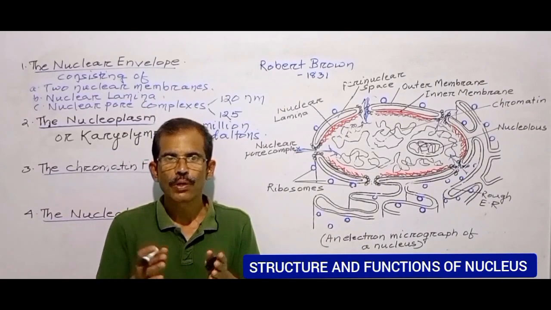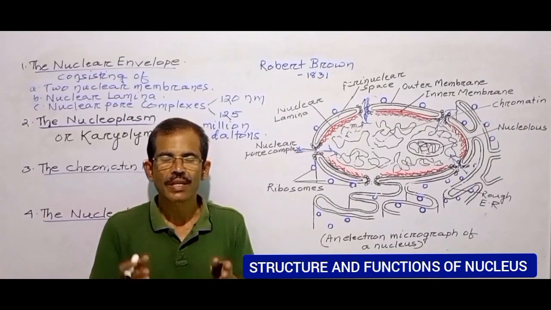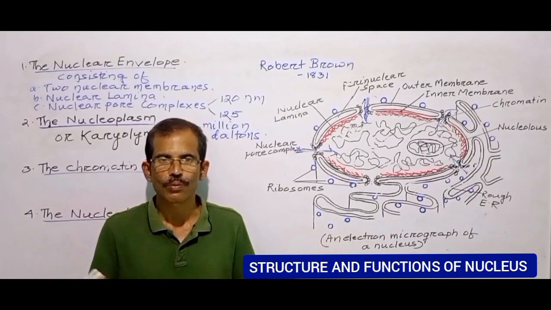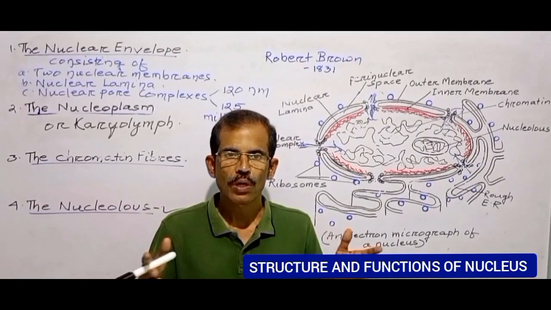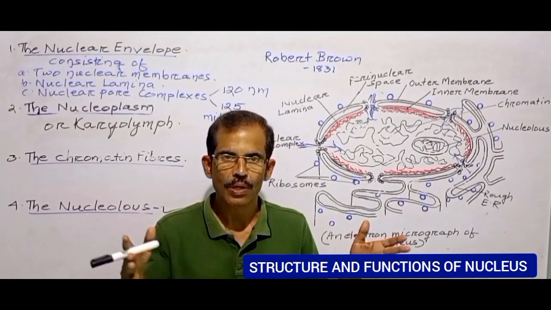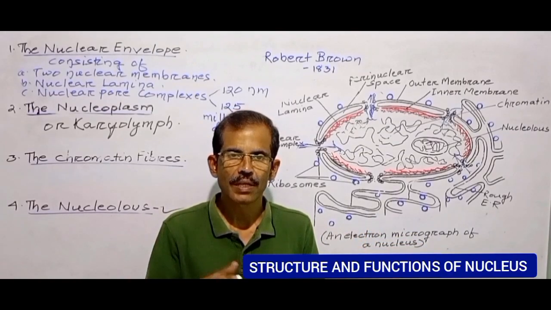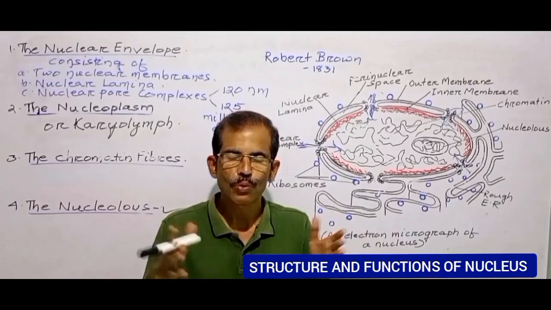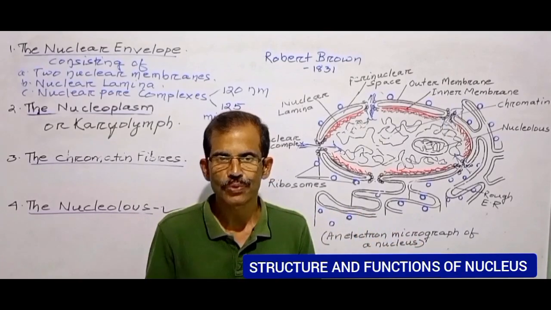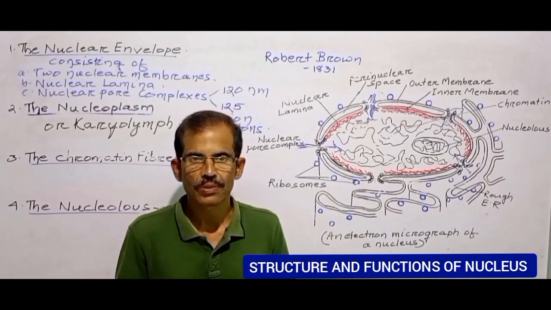The number of nucleoli in a cell is dependent on the species and also on the number of chromosomes. A nucleolus is often associated with the nucleolar organizer, which is represented by the secondary constrictions of nucleolar organizing chromosomes. Friends, this is about the structure of the nucleus.